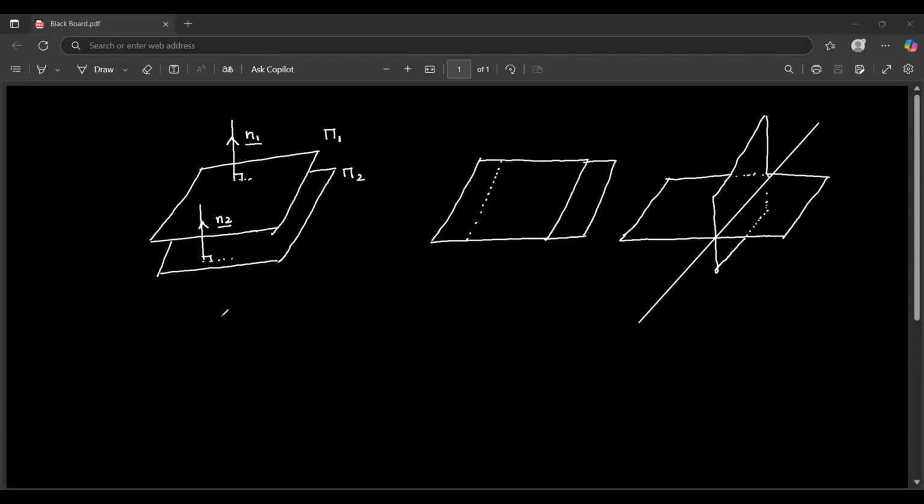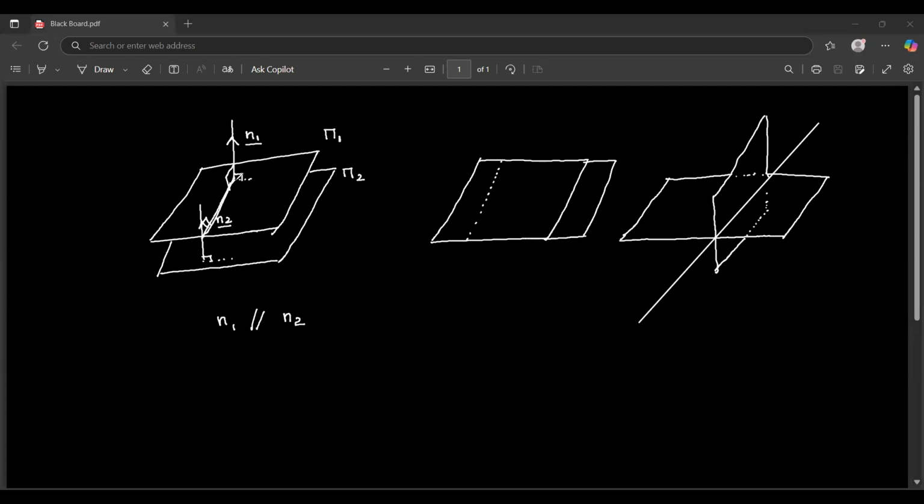So if n1 and n2 are parallel to each other, the line connecting these two vectors must be perpendicular to the given vectors here, because that lies on plane phi 1.